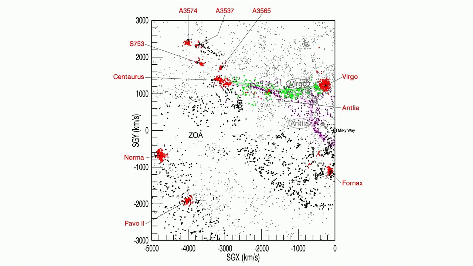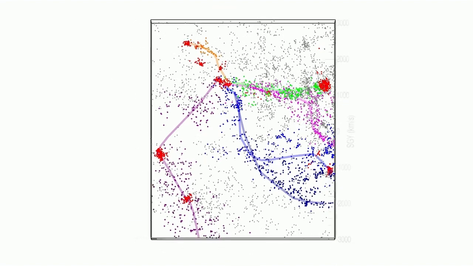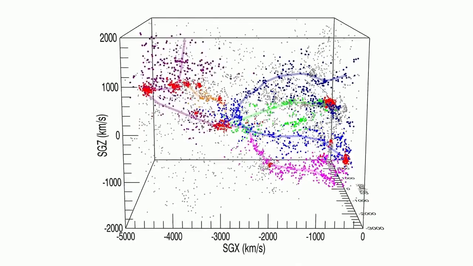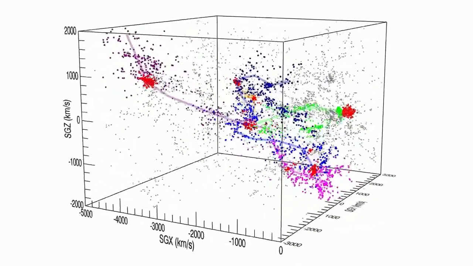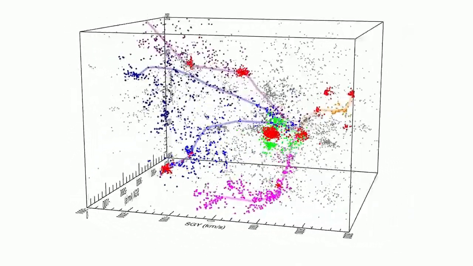Otherwise, galaxies in the 5 different strands are given distinct colours: green, pink, purple, orange, and blue. The blue strand splits into 2 branches as it crosses the zone of avoidance. The meeting of the 5 filaments into the Centaurus cluster is best seen if we slowly move around the cluster.